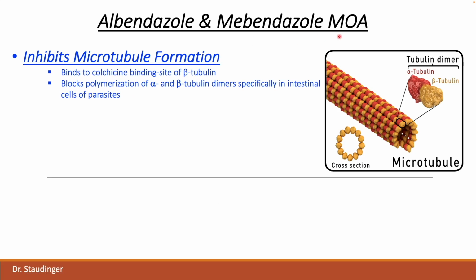Digging a little deeper into these drugs' mechanism of action, specifically, they bind to the colchicine binding site of beta-tubulin. Colchicine is a well-known microtubule inhibitor. These drugs block the polymerization of alpha and beta-tubulin dimers, specifically in intestinal cells of parasites. This has the net effect of reducing glucose uptake through the GLUT2 transporter, which is microtubule dependent.